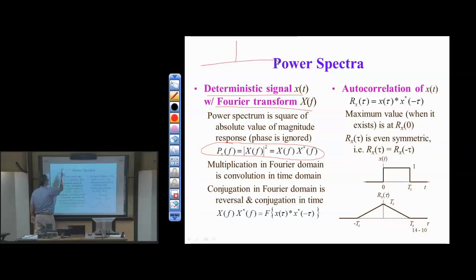So if my magnitude response were an idealized one, then my power spectrum is simply the same shape squared, so this goes to 4.